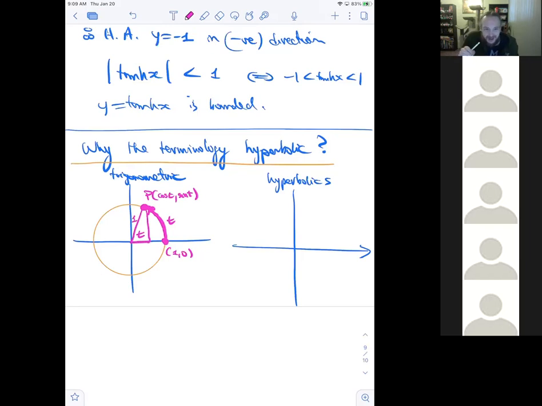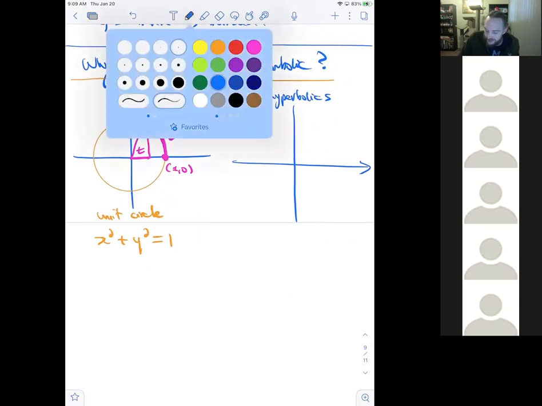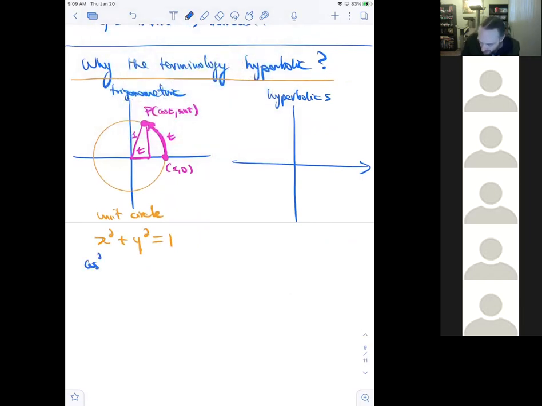So on the unit circle, its formula is x squared plus y squared equals 1. And then that says that cos squared t plus sine squared t has to equal 1. This is our first Pythagorean identity. Where do you think it comes from? Pythagoras' theorem. This is just Pythagoras in a right triangle.